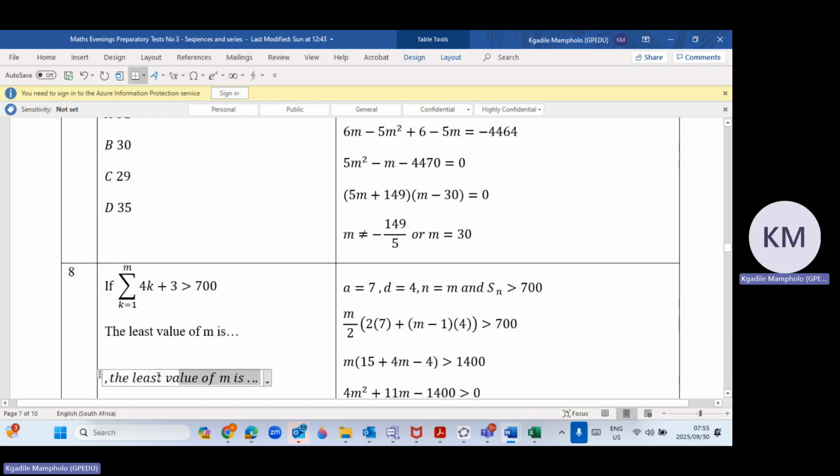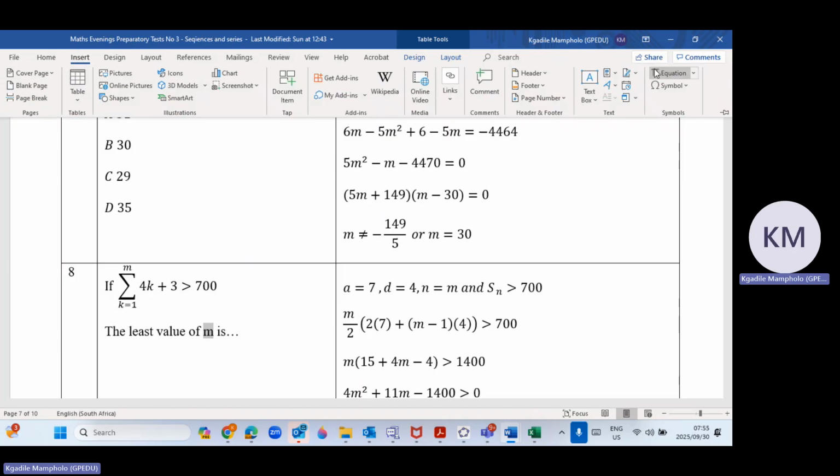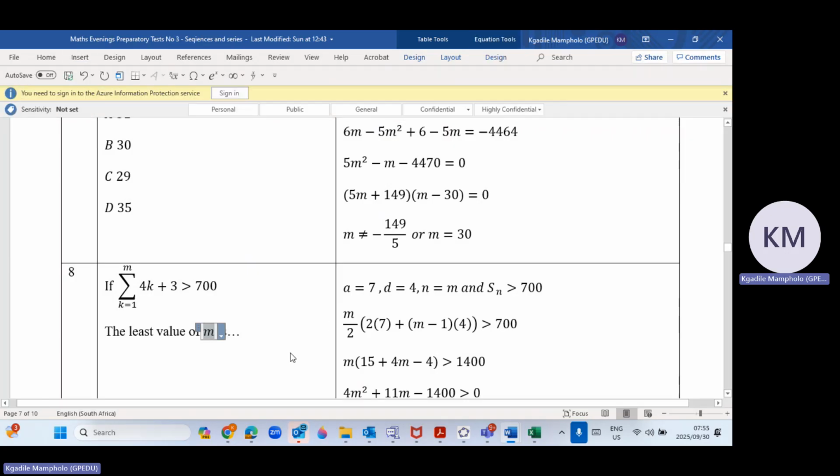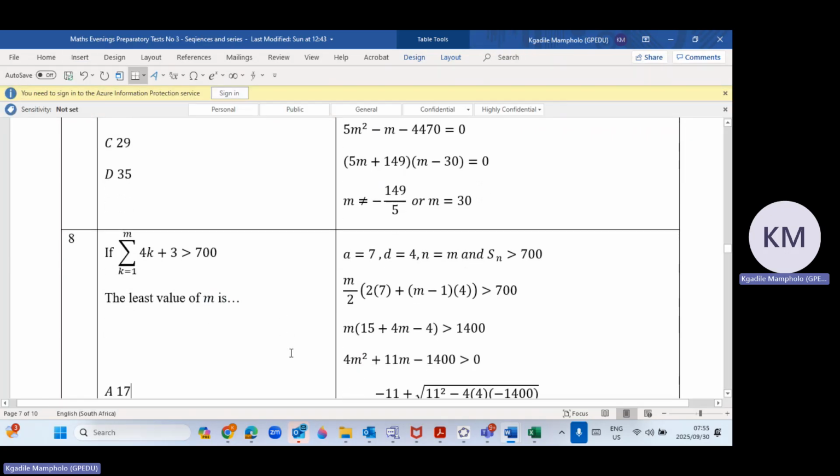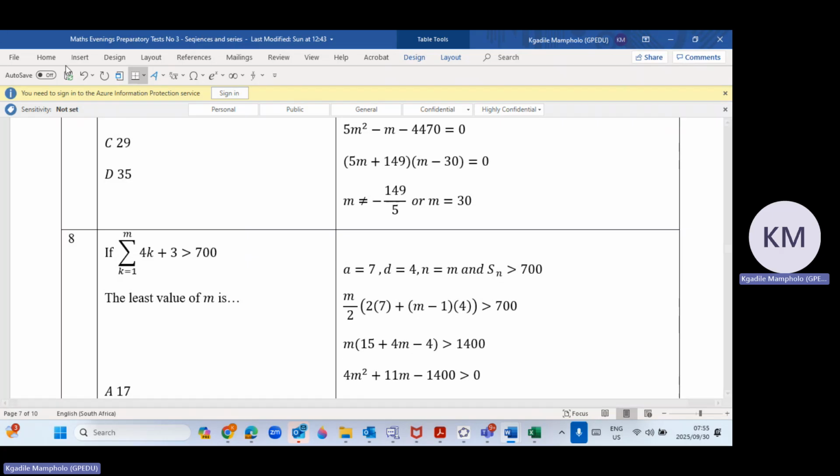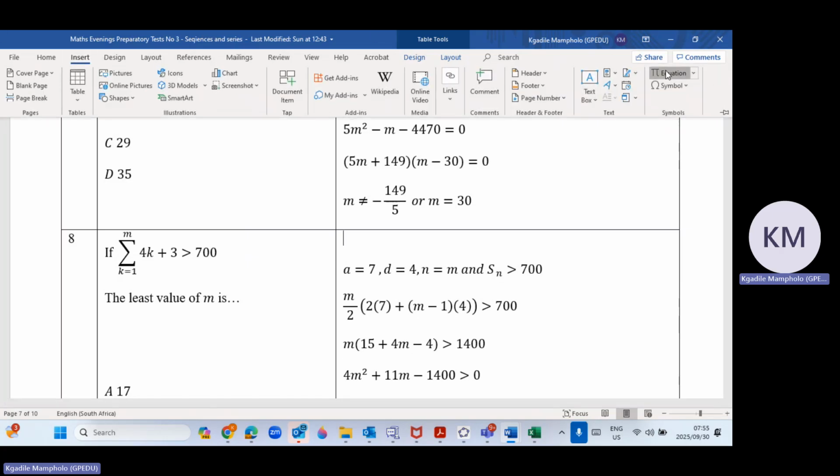Now, let's just see this. First you find what A7 is. Like I said, you can just write down the first three terms. First one, you let k be 1 because the index of summation is 1 there. 4 times 1 is 4 plus 3 is 7.